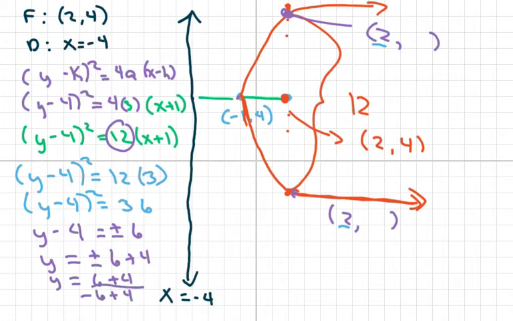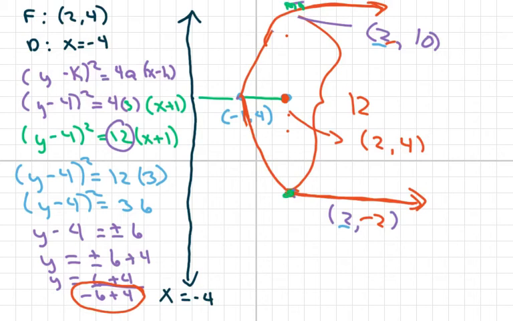So this one is 10, which is right here. It's supposed to go way up higher, but I'm just making a mess. So that would be 2, comma 10. And then this one's 2, comma negative 2. Because negative 6 plus 4 is negative 2. Or like I said before, you could just get this off your graph. Goes right there. Goes right there.